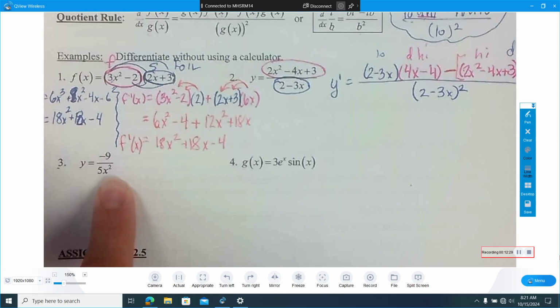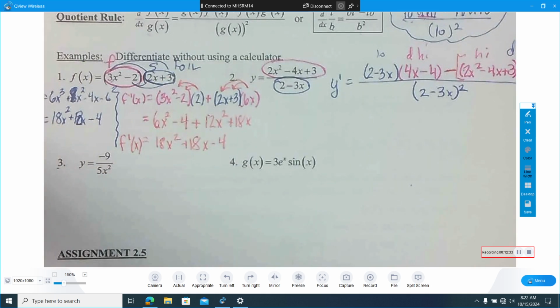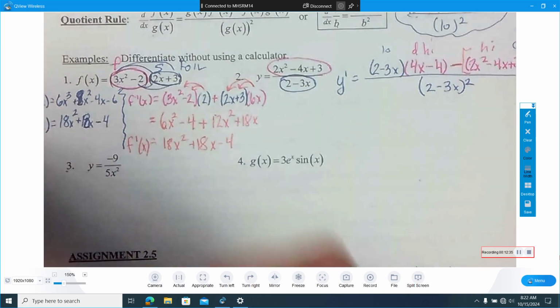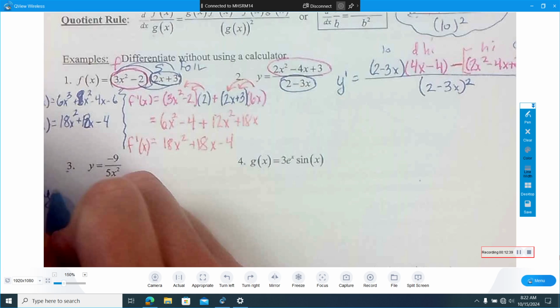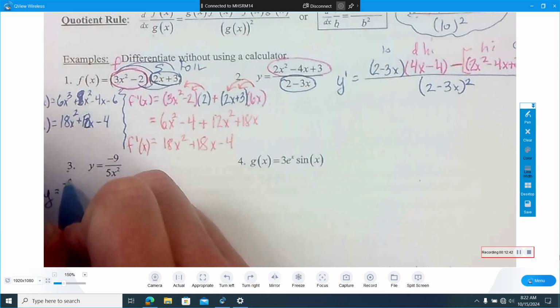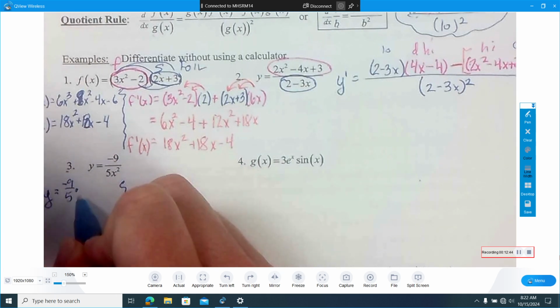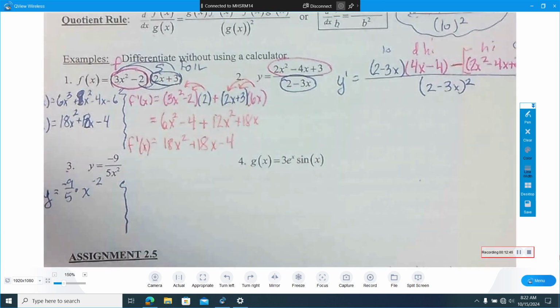We could also rewrite this in a nice, friendly power manner. And so, again, I'm going to do that so you can see both methods here. I would rewrite this function as a scalar, so negative 9/5 times x to the negative 2.